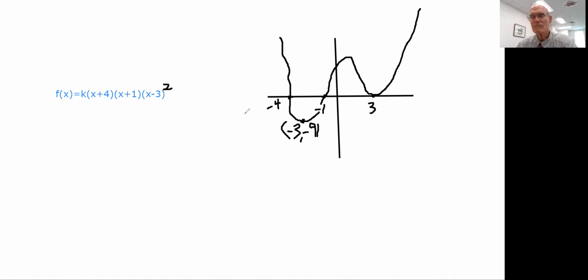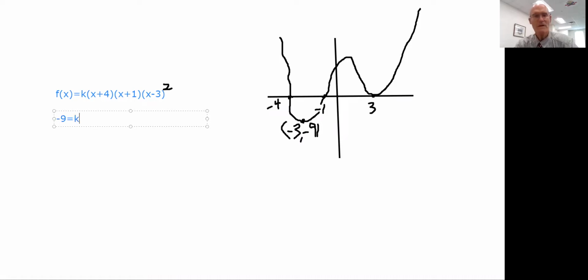Now, to find the exact equation, we have this point, which is -3 and -9. So -9 is the y coordinate, and -3 is the x. I will come over here where I have f of x and put -9.